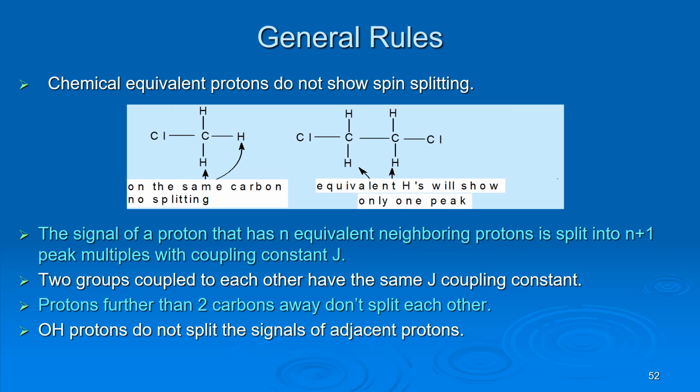If protons are further than 2 away, they will not split each other. So if you look back at that last example, the middle two are the only ones that split their neighbors, because you have to be right next to each other. And hydrogens on oxygen, so OH protons, do not split the signal, even if they are adjacent, because the oxygen just gets in the way.